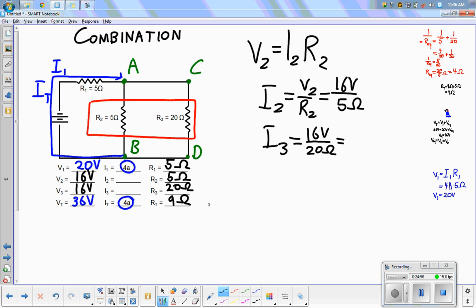Let's go back and do 16 divided by 5. That gives us our 0.2 amps over here.